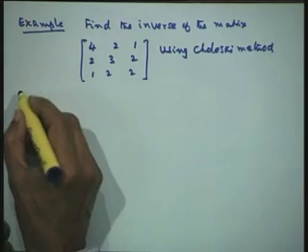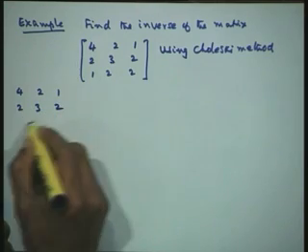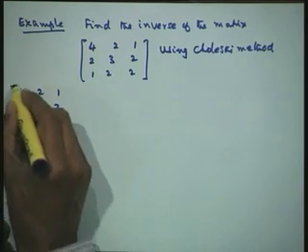So let us just write down the 3 by 3 matrix again: 4 2 1, 2 3 2, 1 2 2.